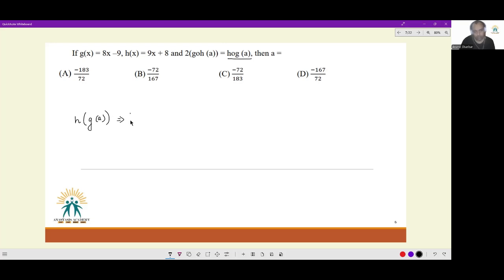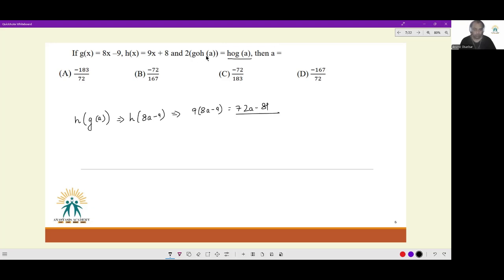So this is as good as h of 8a minus 9, which is equivalent to 9 times 8a minus 9, or 72a minus 81. H of g of a is 72a minus 81.